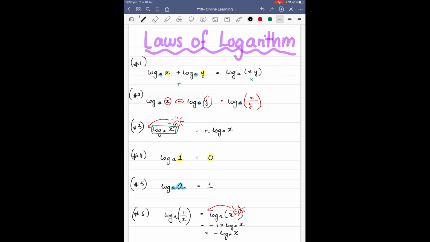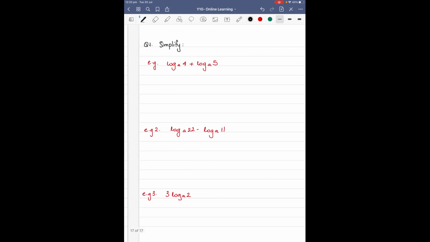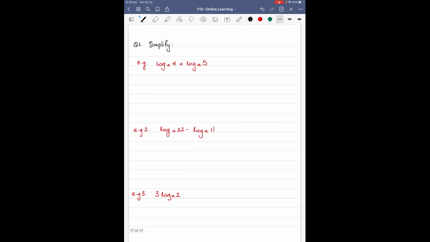So let's apply each one of these rules in 3 different examples. Question number 1, simplify. The first example we have here is log a 4 plus log a 5. Check that they are both the same bases, which they are. Make sure you write your answer underneath.